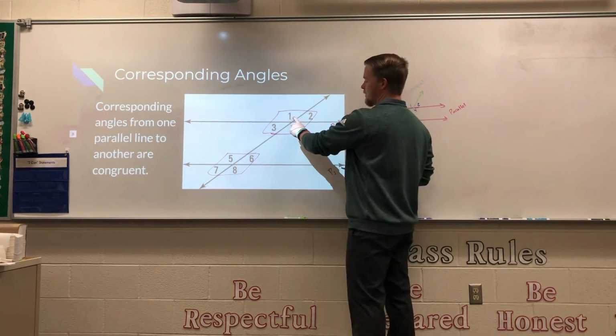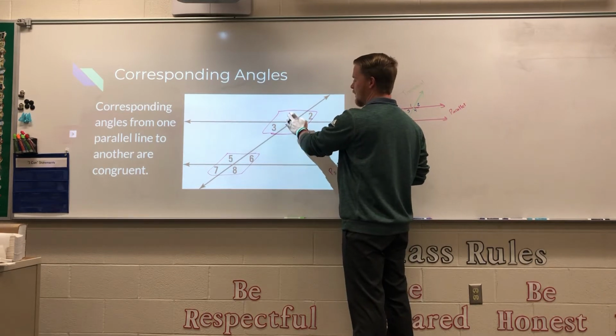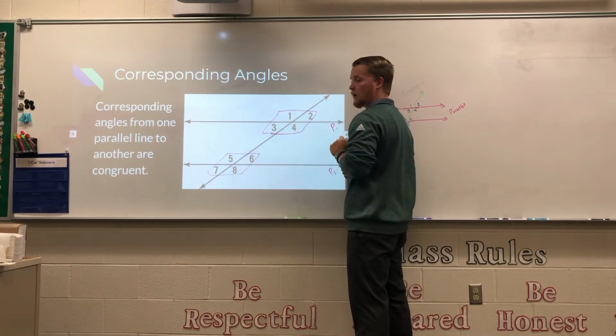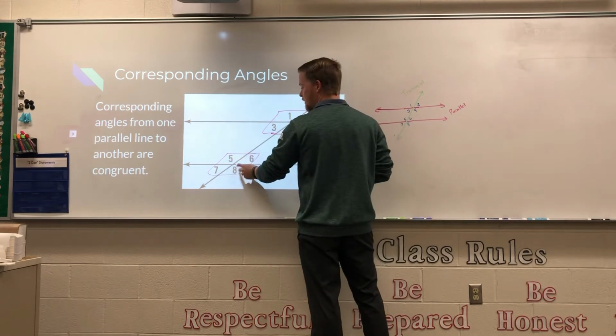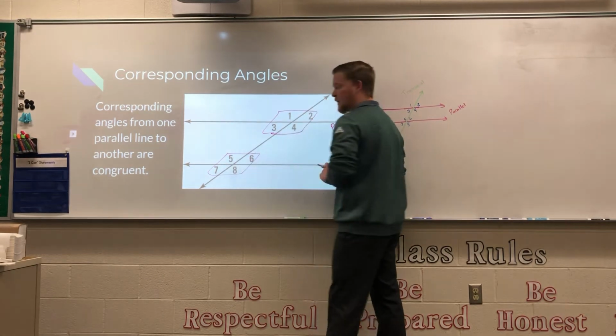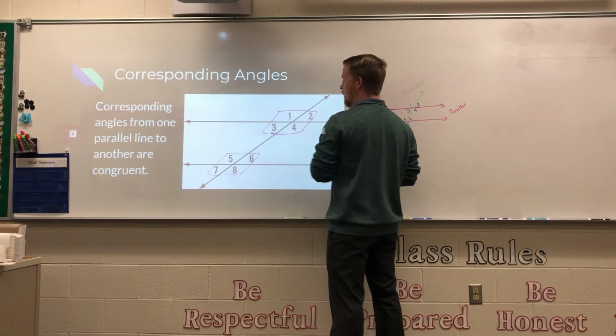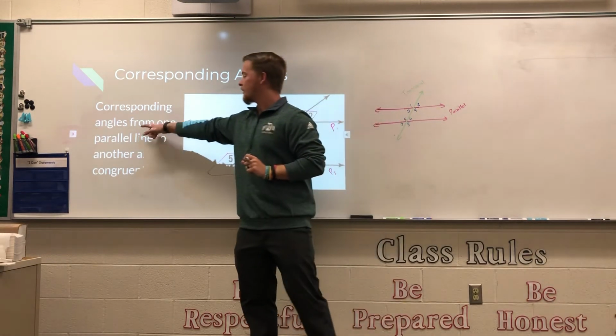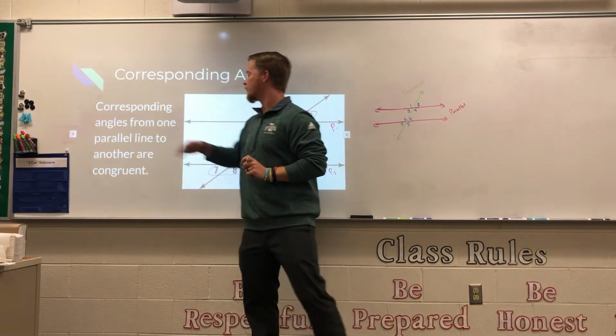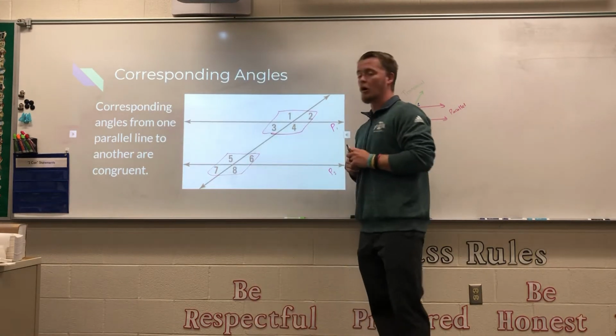For example, 1 is in the upper left of these four angles. On this one, the upper left is 5. So that means 5 is corresponding with 1, and that means they're congruent, because corresponding angles from one parallel line to another are congruent.